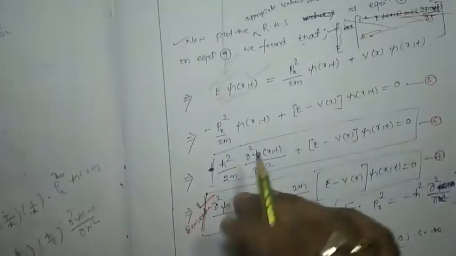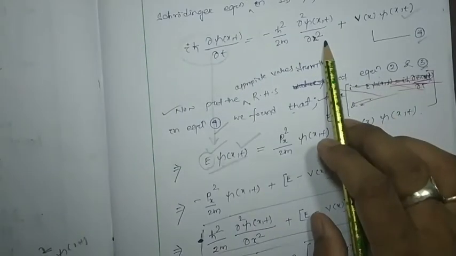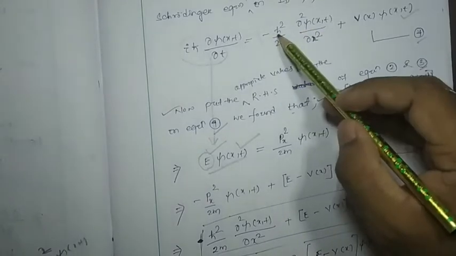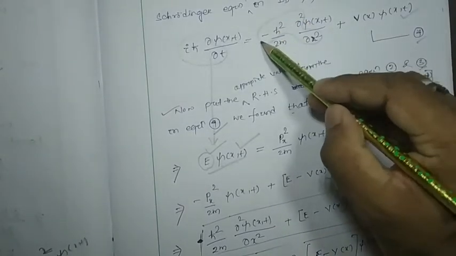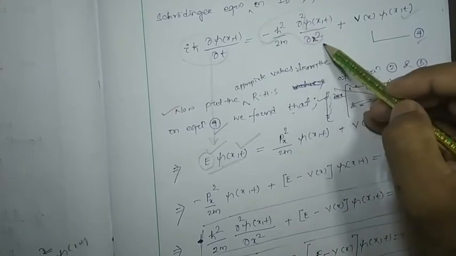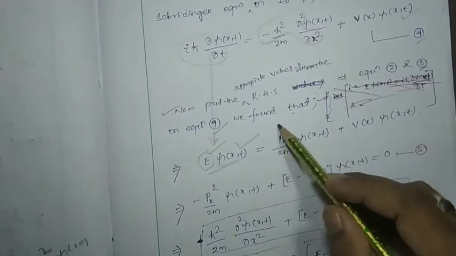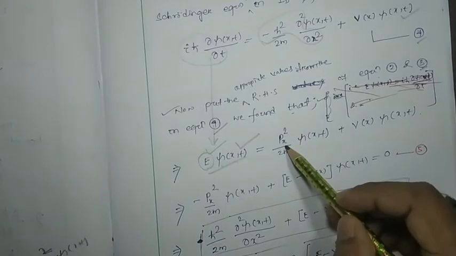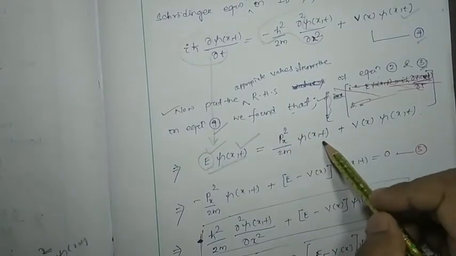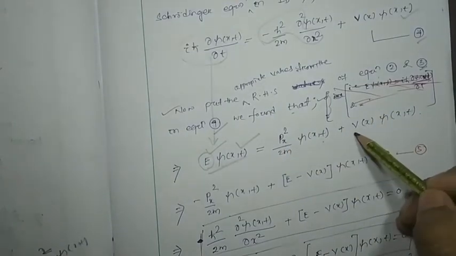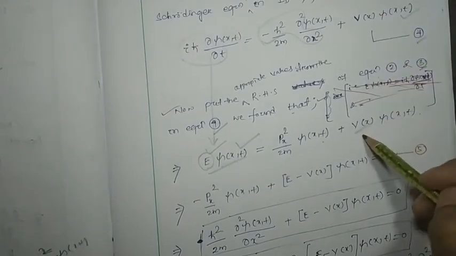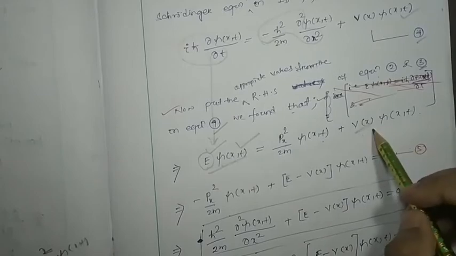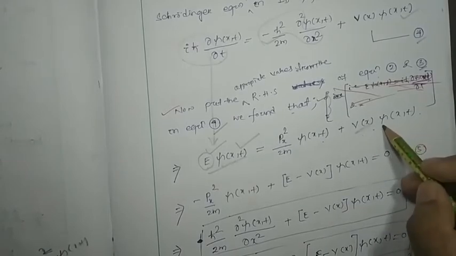In this equation we can find minus h cross square del square by del x square will be considered as px square by 2m psi xt plus v psi, as v is the scalar, so v will be written as vx and psi xt.